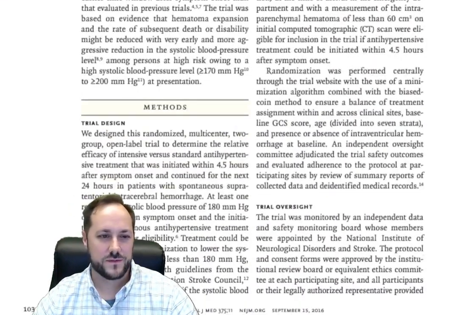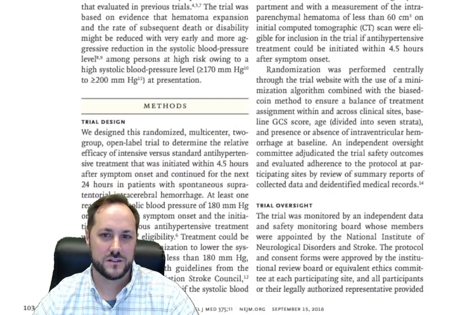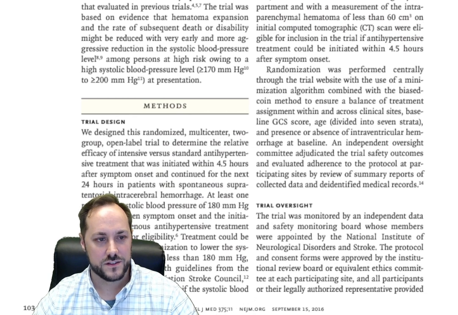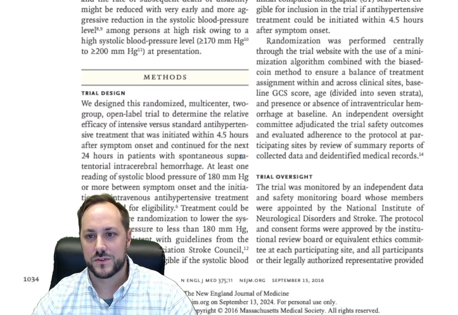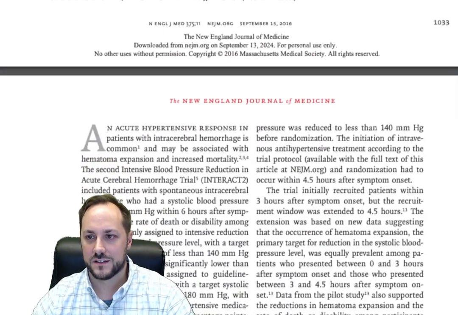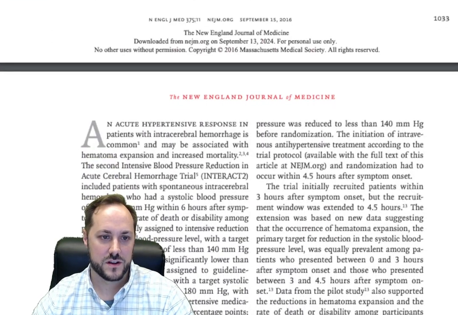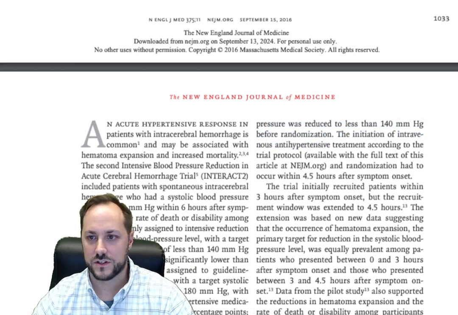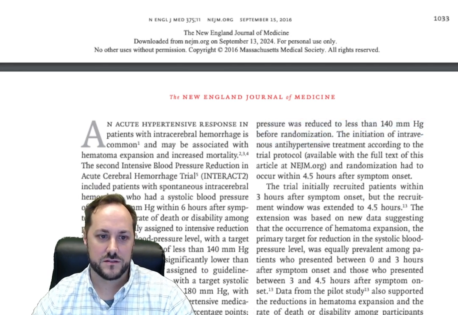So, the methods of this trial are about as good as you can do. It's a randomized, multi-center, open-label trial. What they did was people presented to the emergency department. They had a fast randomization program so you could randomize your patient very quickly.